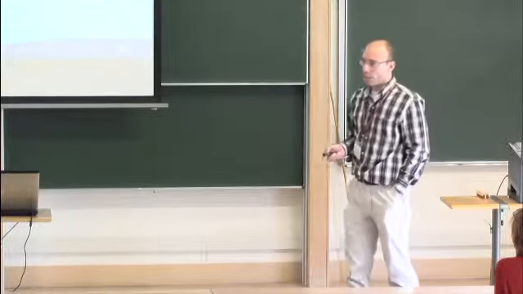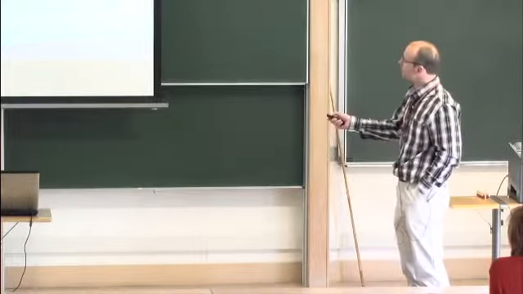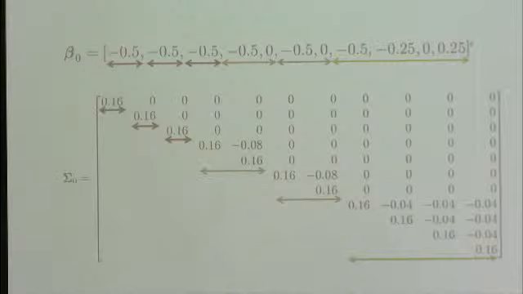We use a multivariate normal prior distribution with this mean here. This mean vector has length 11 because there are 11 parameters in our model, because we use effects type coding.